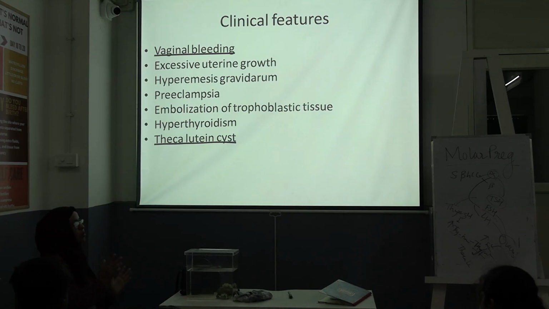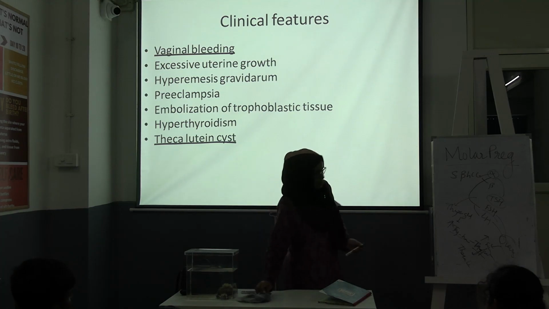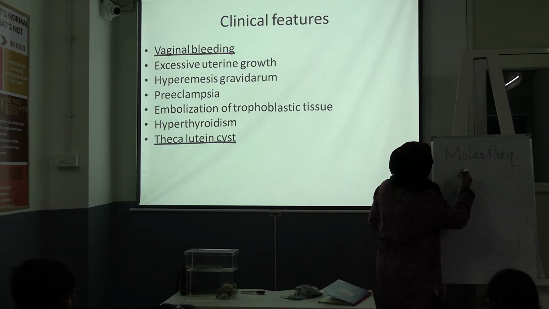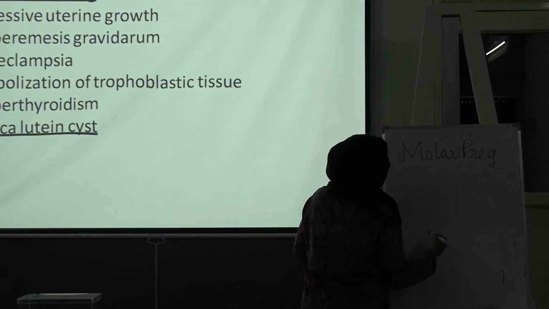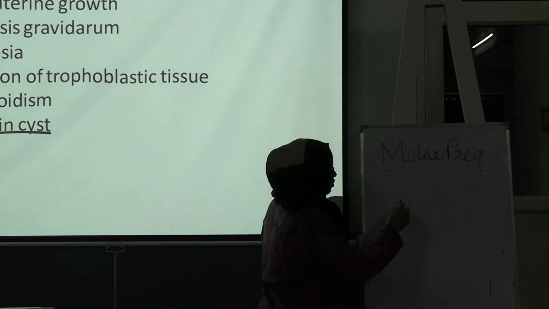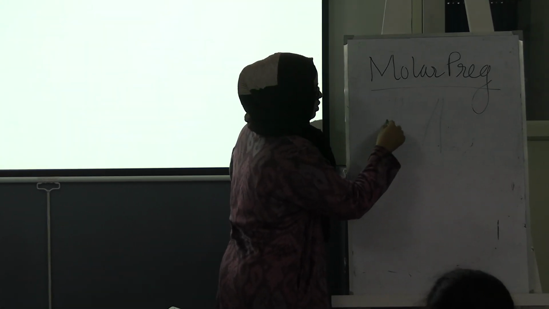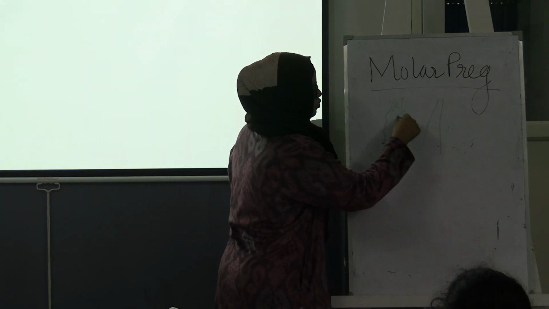Okay. Normally what happens, there are arteries in the placenta, there are arterioles that will supply the fetus. Okay, during normal pregnancy there is remodeling of these arterioles and they will broaden up. So more blood can go to the fetus.